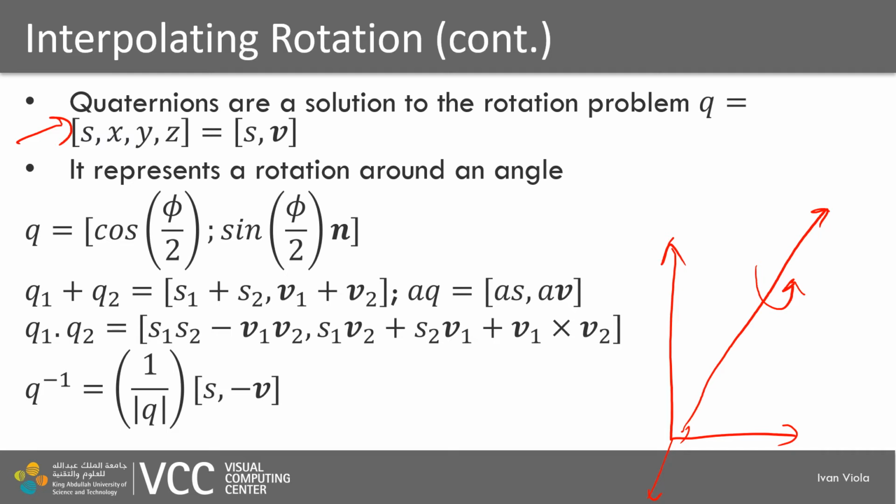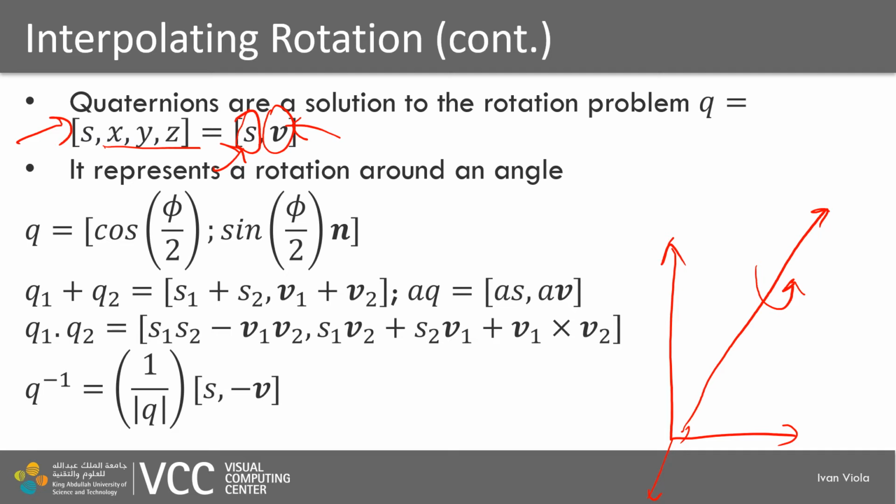They also have a real part and imaginary components, only that there are three imaginary components and not only one. In our case, we can use the quaternion and the arithmetic associated with quaternions for representing the axis and angle. So this s would stand for the angle, and this v would be the axis vector.